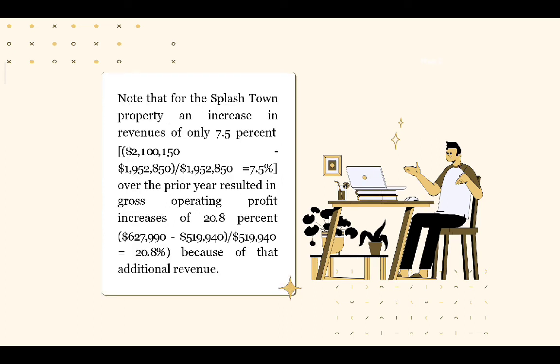Note that the Splashdown property had an increase in revenue of only 7.5%, from 1,952,850 to 2,100,150. That 7.5% increase over the prior year resulted in gross operating profit increases of 20.8%, from 519,940 to 627,990, because of that additional revenue.